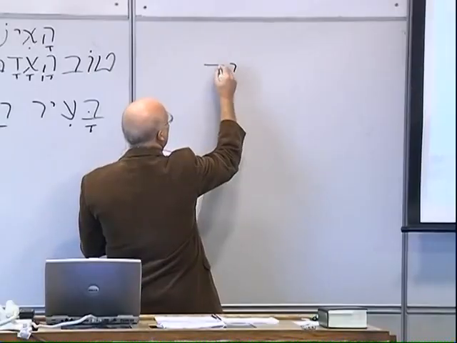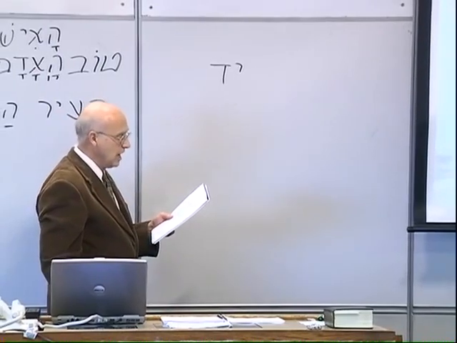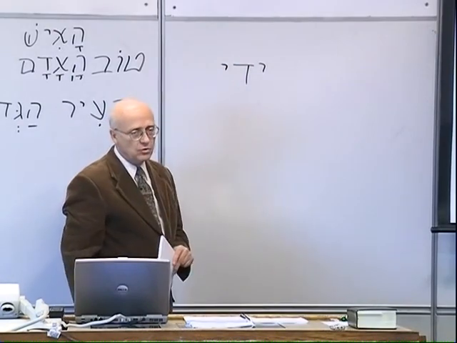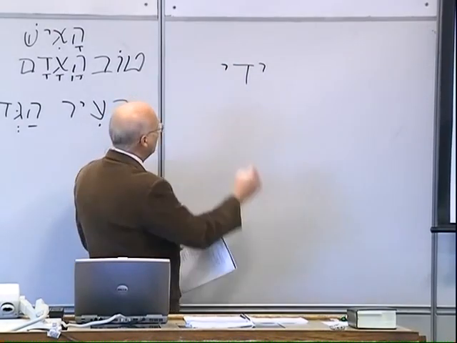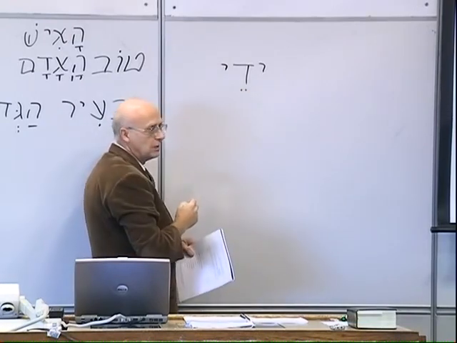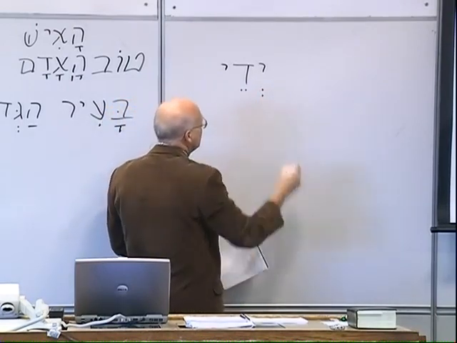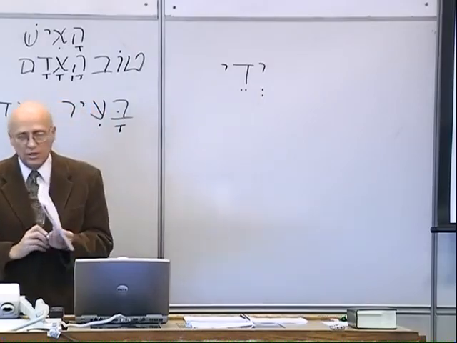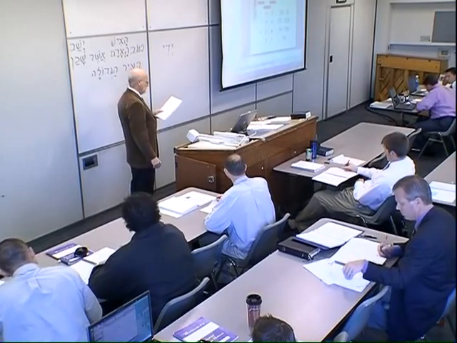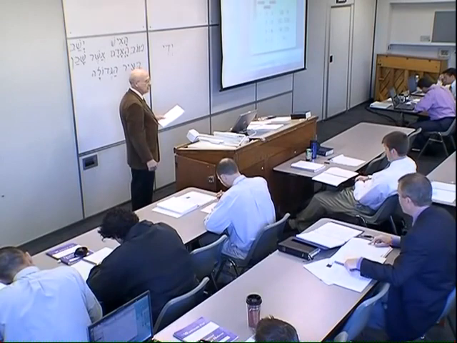So to get the construct, we have to get the main consonants of the noun, which is yad, and we're going to maintain the yod because that is what introduces the plural. We're going to take the mem off of that, and we know this is going to be a tsere yod because masculine plural is always tsere yod. And then, of course, this is reduced as short as possible, so it's a schwa. So yadei is the construct of yadayim. Okay? Yadayim is yadei.